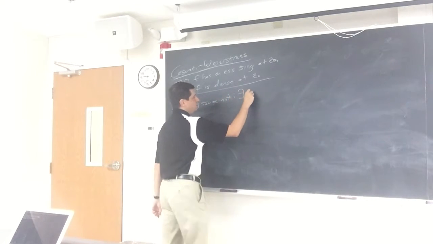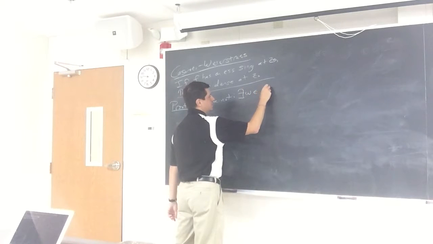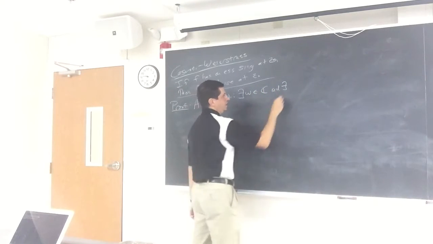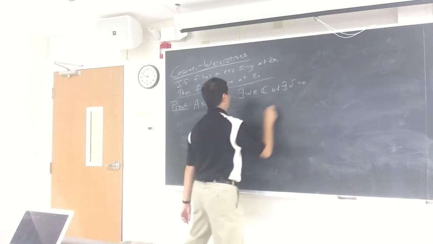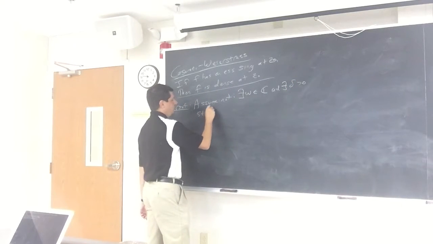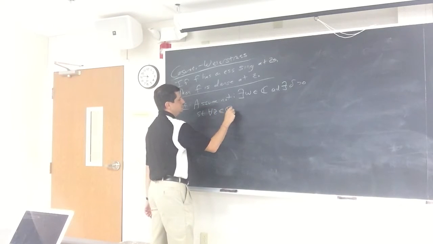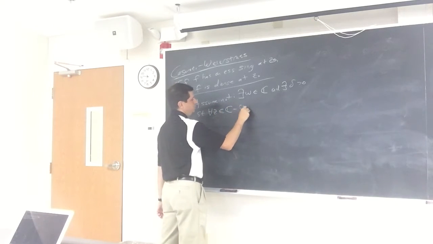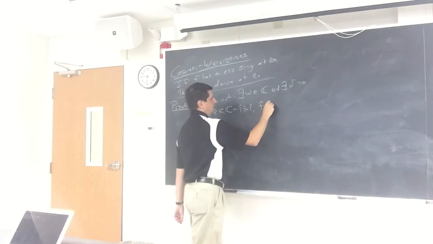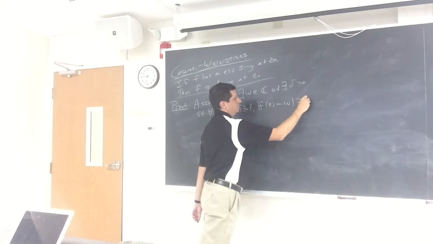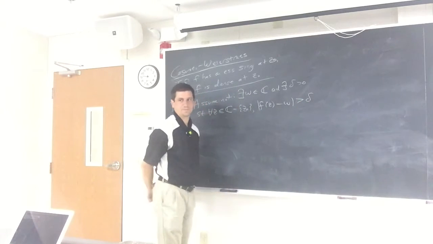There exists a W in C, and there exists a delta greater than 0 such that for all Z in C minus Z naught, |f(Z) minus W| is greater than delta.